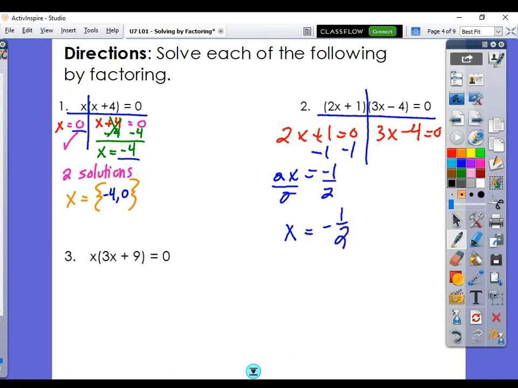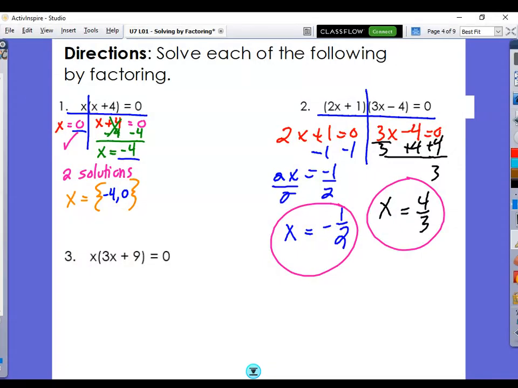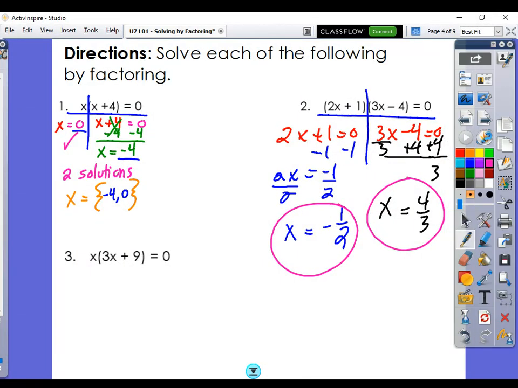Hopefully you're going to get even faster at this. Plus the 4, divide by the 3, so we're left with x equals 4 thirds. All right, that's what we're trying to do here, is we're setting the factors equal to 0 so that you can tell me what my solutions, what x actually equals.